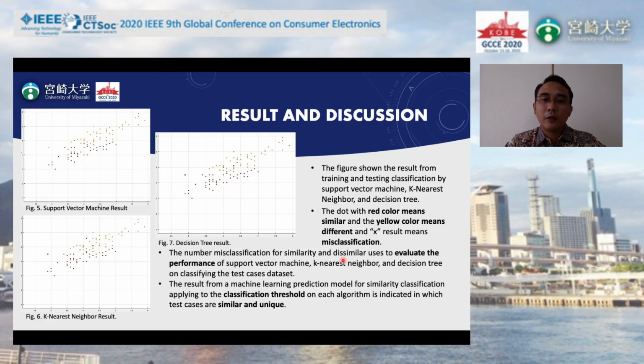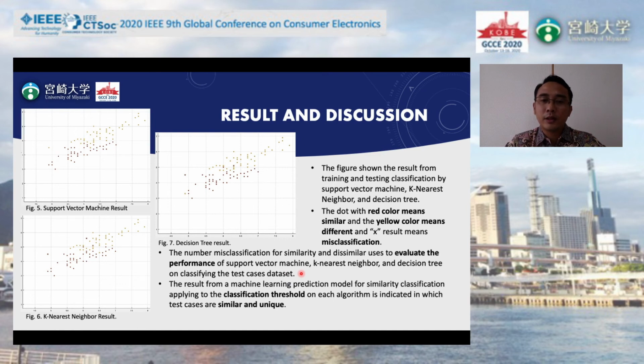The number of misclassifications for similar and dissimilar we use to evaluate the performance of support vector machine, k-nearest neighbor, and decision tree on classifying the test case dataset.